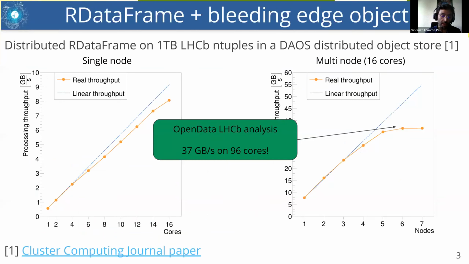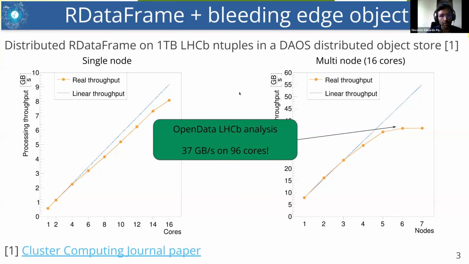This was actually an effort that we made to test out distributed HEP computations, not only on a computing cluster, but on a computing cluster which uses a novel form of storage. So it's not a file system based storage, but it's an object store. In particular, it's called Intel DAOS.